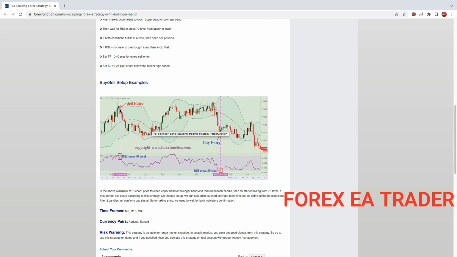So we are going to look for price to go beyond the Bollinger Band, the higher line, or the outer line. When it goes beyond and RSI goes back in, it's time for a sell. And when the opposite happens, basically it's time for a buy.